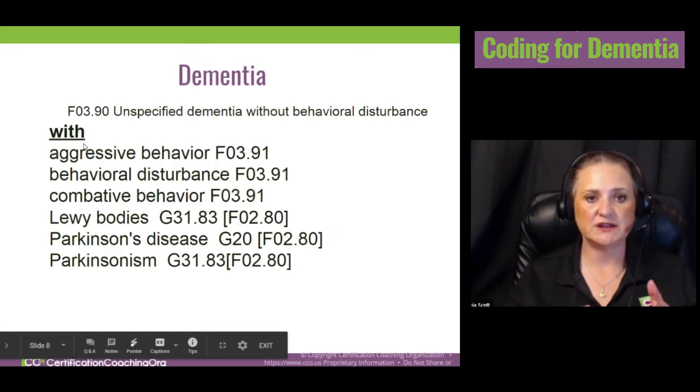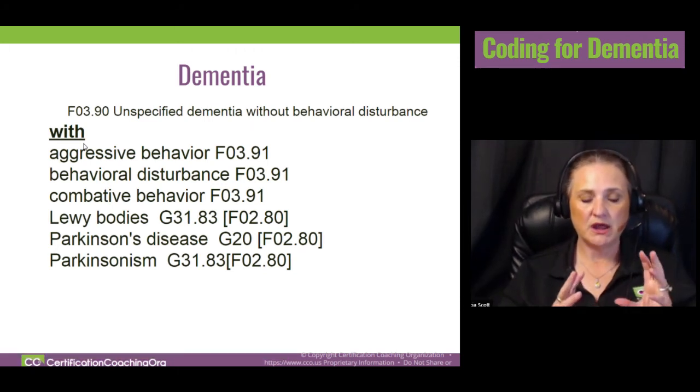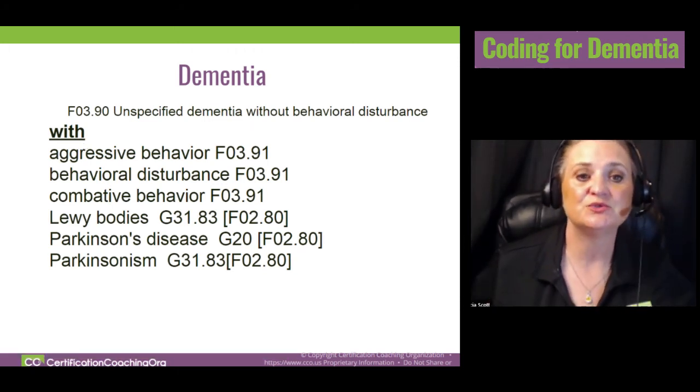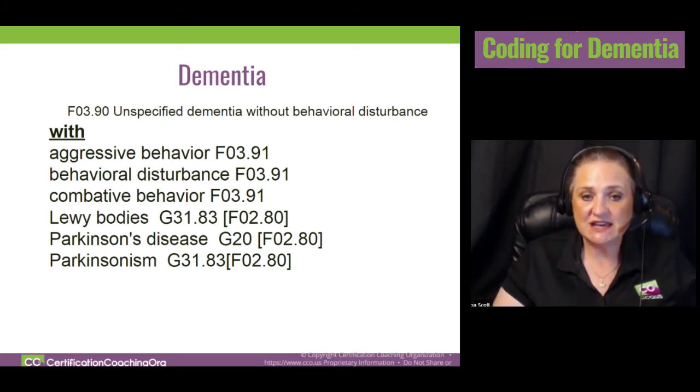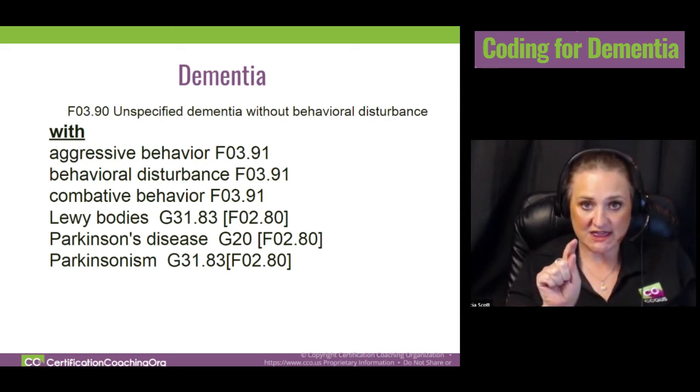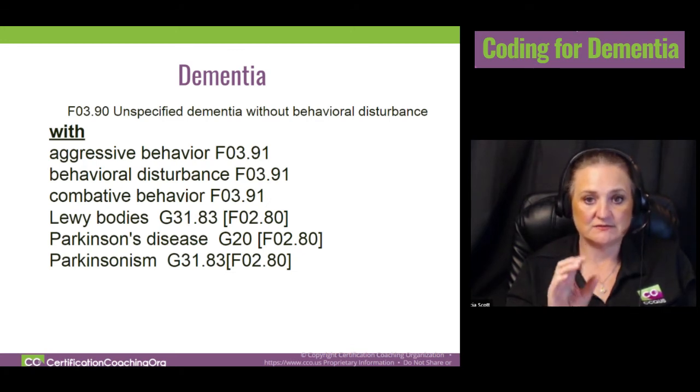When you look at your index and you look up the dementia, you get to the F03.90, the unspecified. However, you will still see on that index the word with, right? And it's going to say aggressive behavior, .91. Now notice you see that more than once.